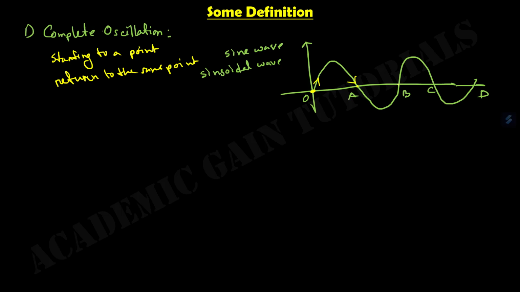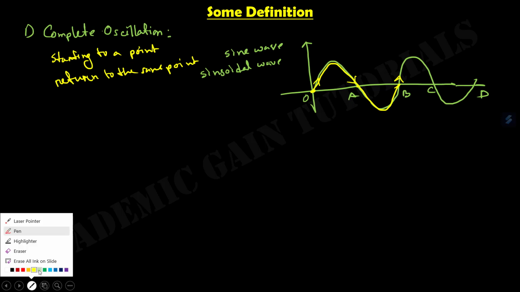But at the B position, O and B are at the same position, and the direction is also upwards. So this OAB is known as our complete oscillation. This is the first term we have to understand.